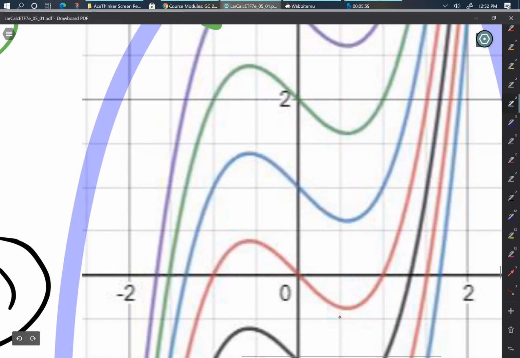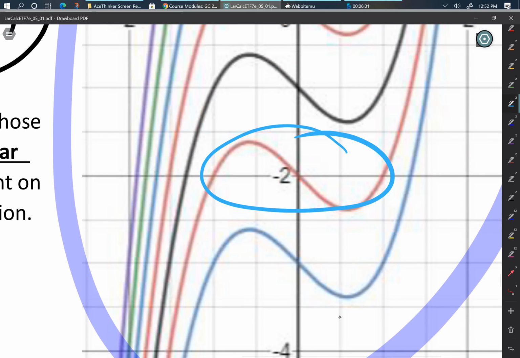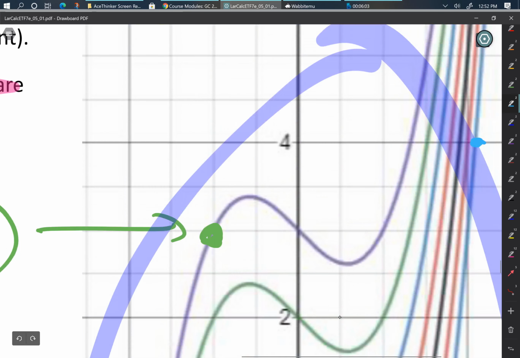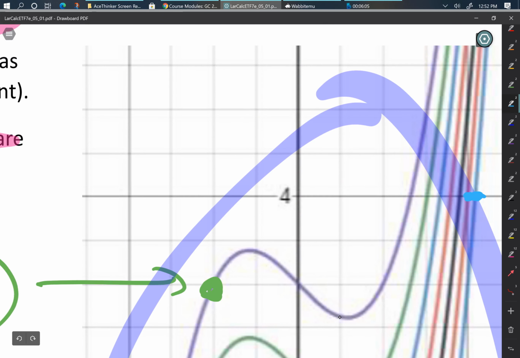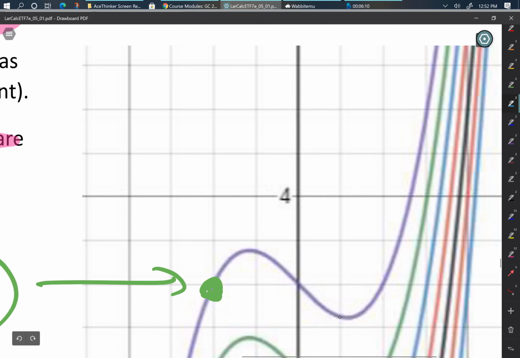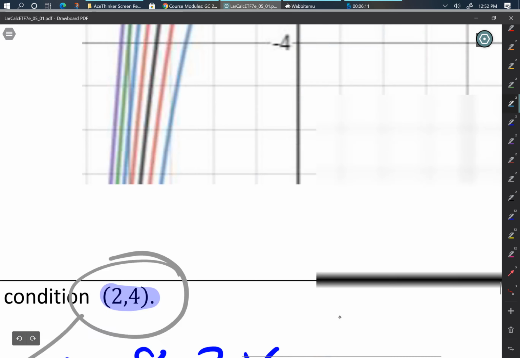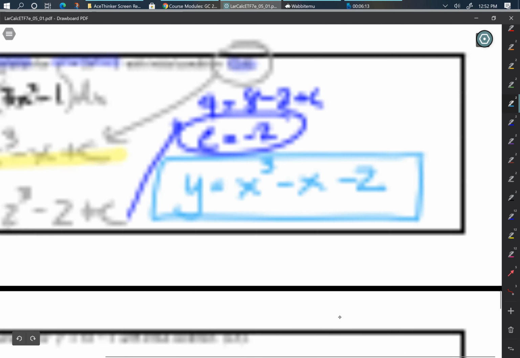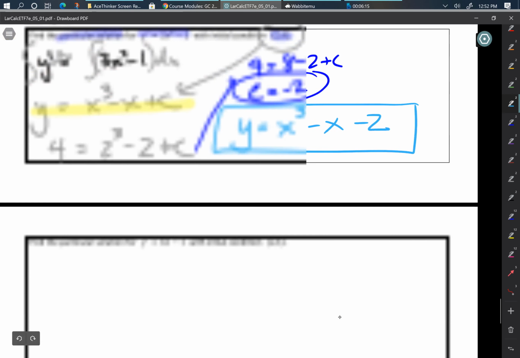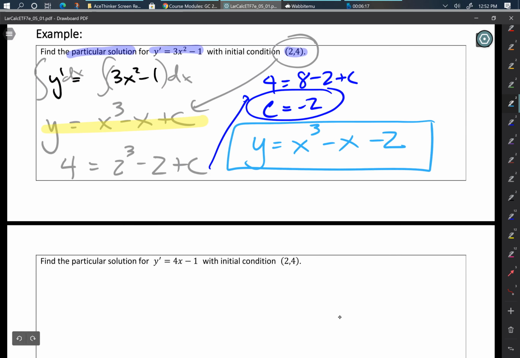And if you trace that back down, you'll see that it has a y-intercept of -2.